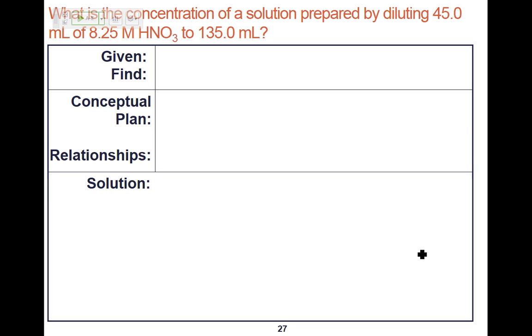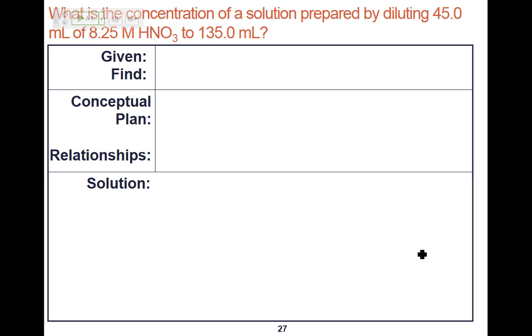So we had, what is the concentration of solution prepared by diluting 45 milliliters of an 8.25 molar HNO3 to 135.0 milliliters. So what that told me is, I took 45 milliliters of solution 1 at this molarity.